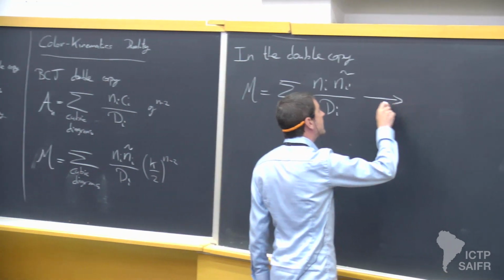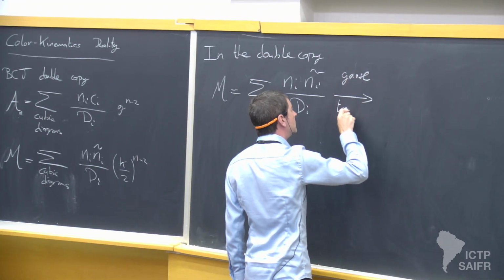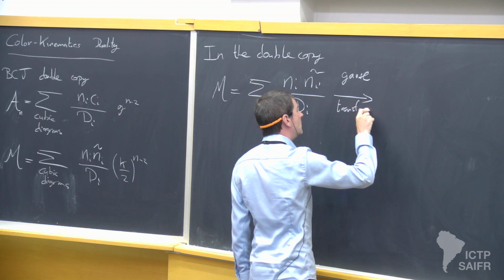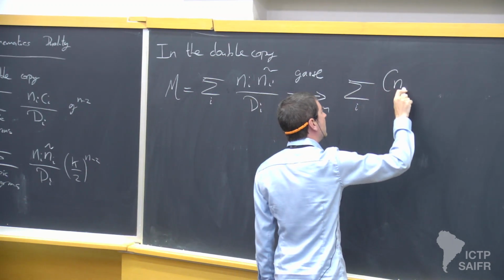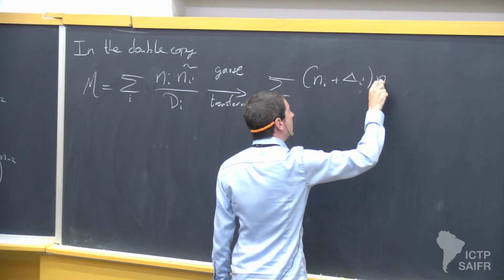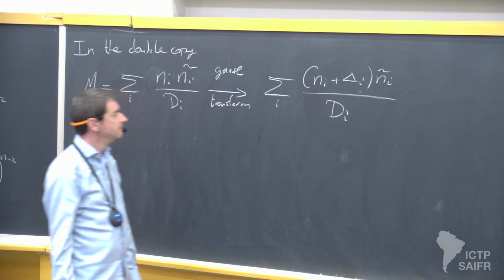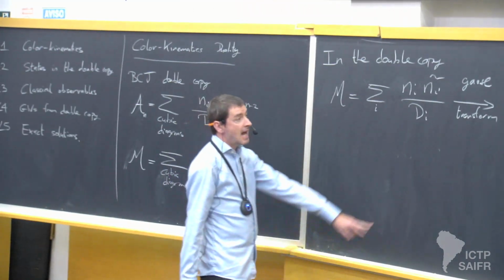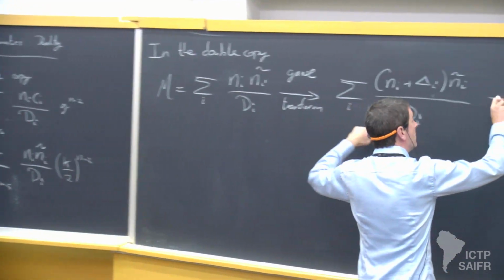So under this gauge transformation, you will get some Ni plus delta I, Ni tilde. So I'm just shifting the Ni's over Di. And now I want this to be equal to M.